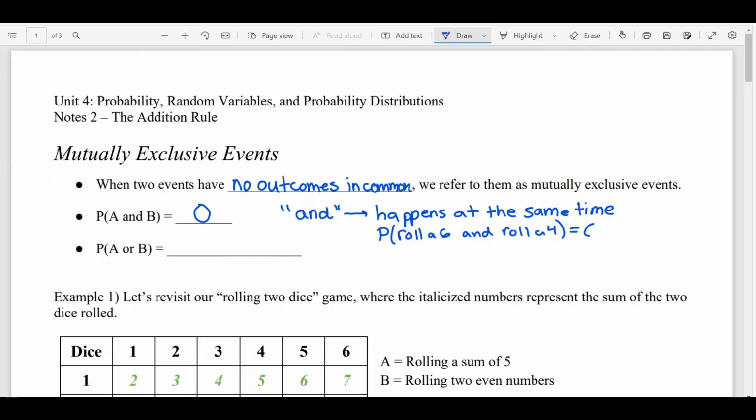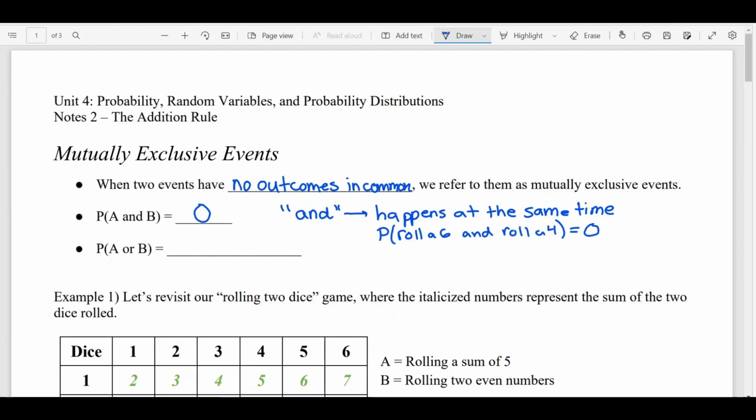Well, that's 0, right? I can't get a 6 and a 4 when I roll a dice. I only get one number. So these two events occurring together cannot happen. So we say the probability that A and B happens is equal to 0. And that's mutually exclusive events.